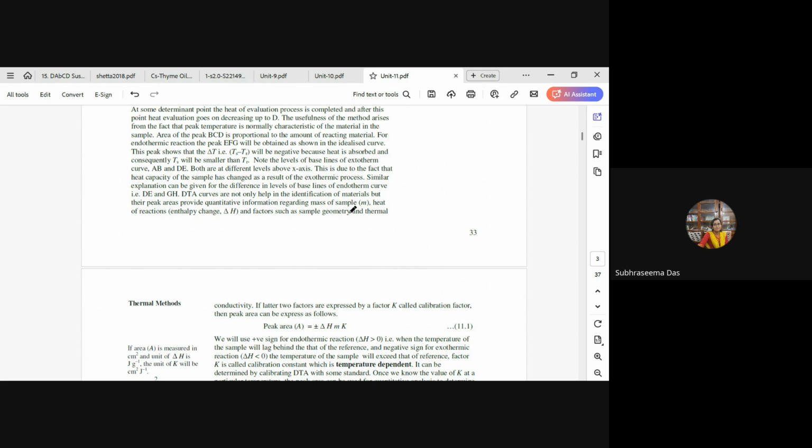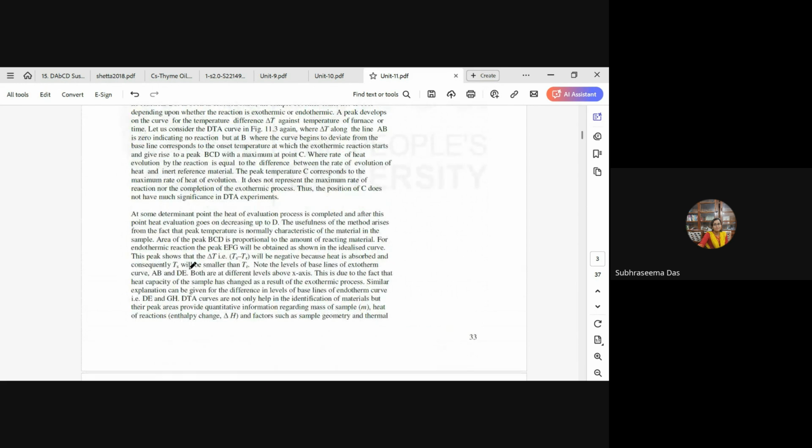If we look at the endothermic reaction, the peak EFG will be obtained. This peak will be negative because the heat is absorbed.